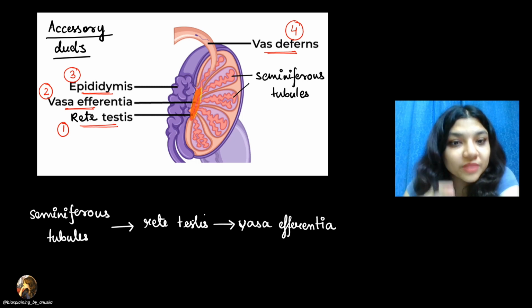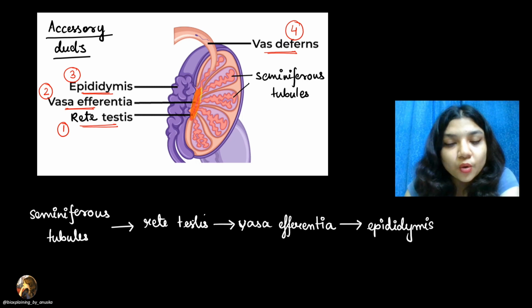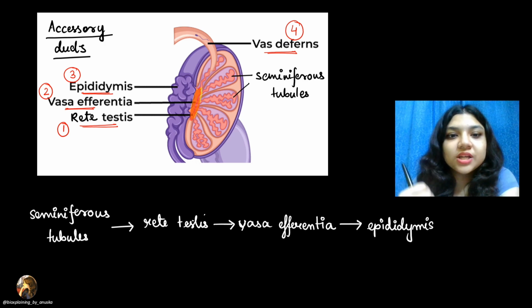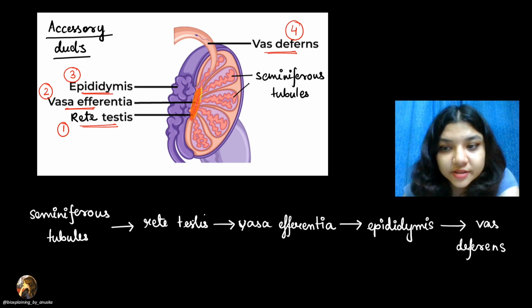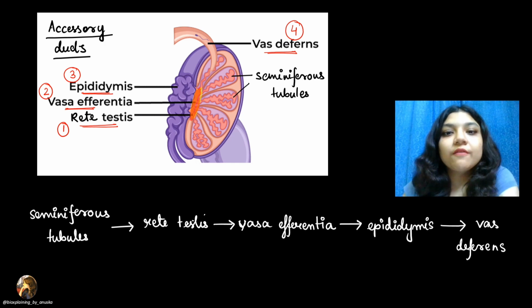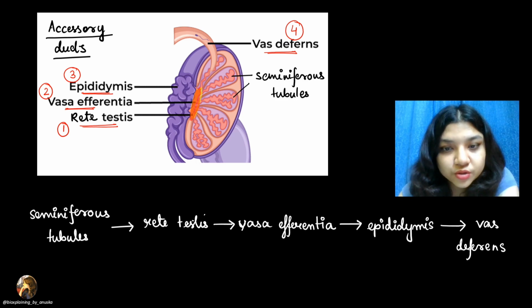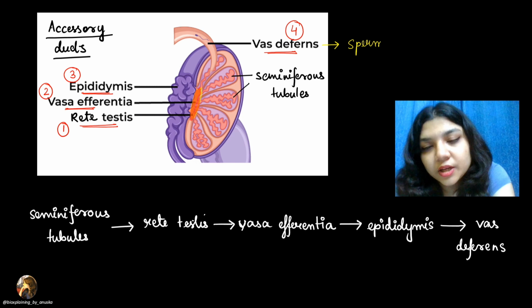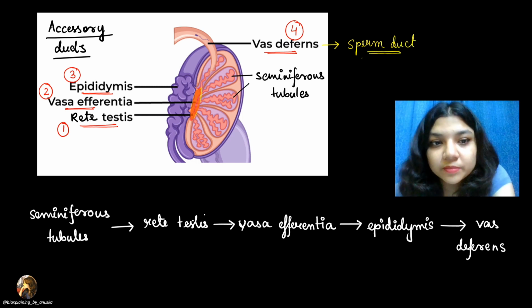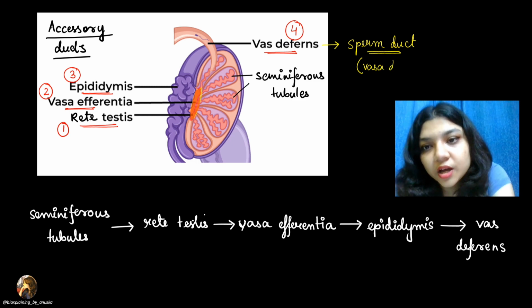From the vasa efferentia, where does it go? It will go to the epididymis. This epididymis is, you see, a very coiled structure. And from the epididymis, ultimately it goes to the vas deferens, which is also known as the sperm duct or the vasa deferentia.